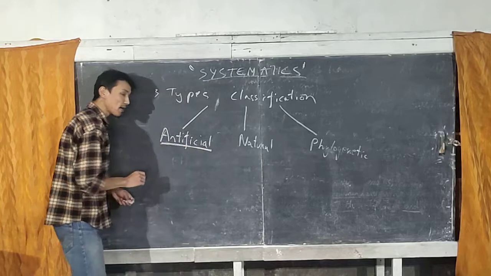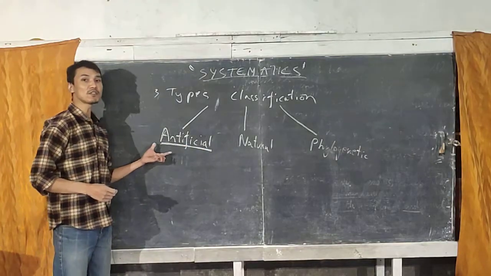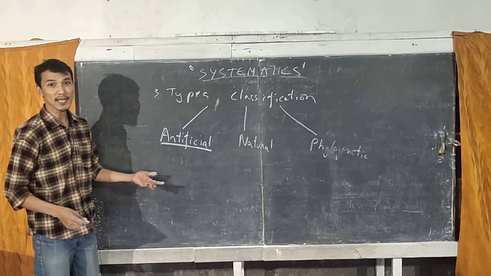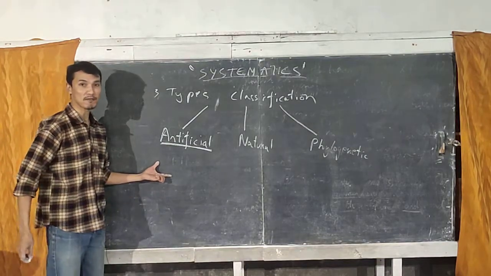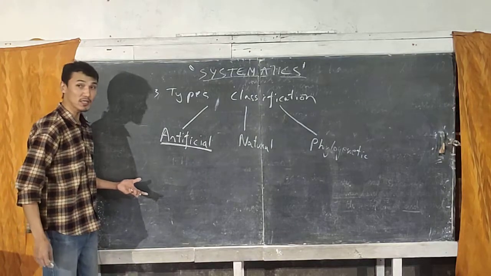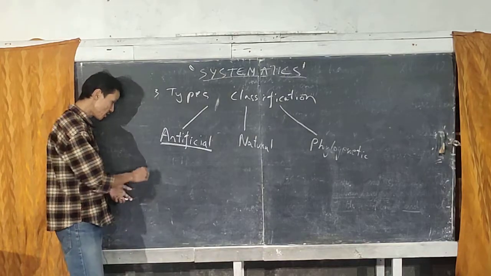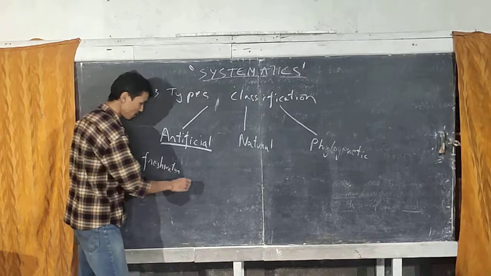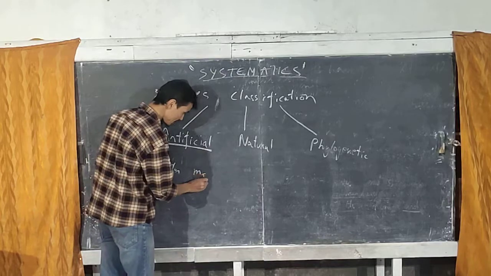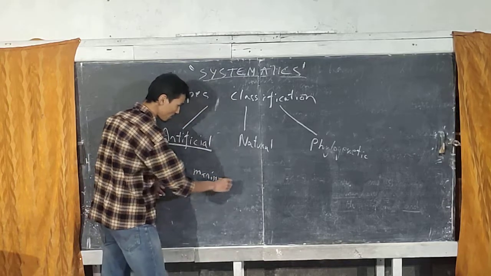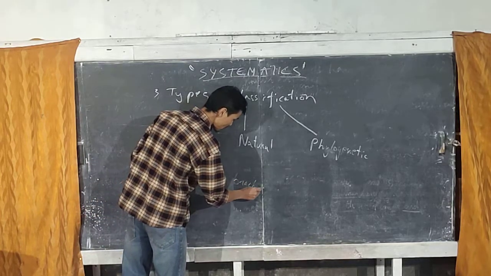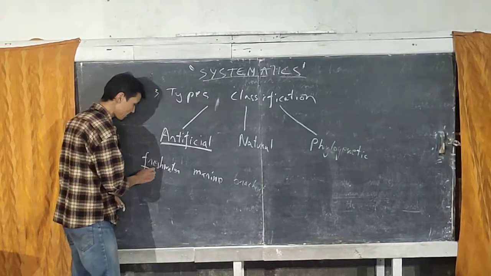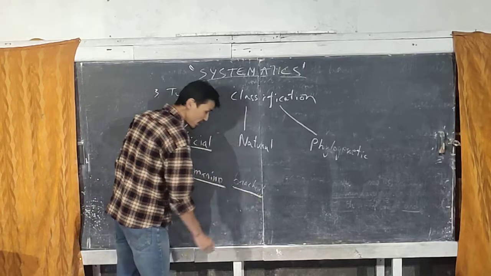Let's talk about artificial classification. By artificial classification, what it means is we're taking an easily observable character. For example, if you want to classify fish, what we take into account is their environment. Fish can be found in fresh water, marine environments, or brackish water. According to this category, we have classified fish into three groups.